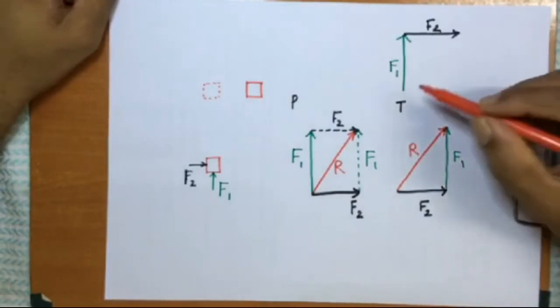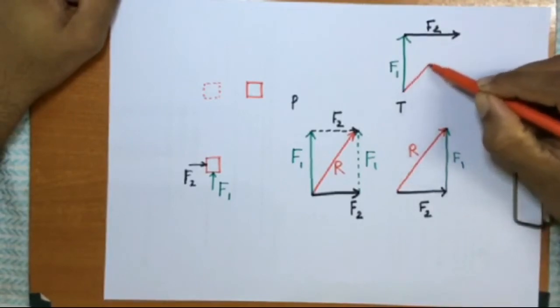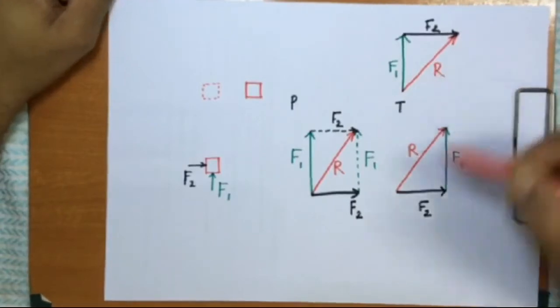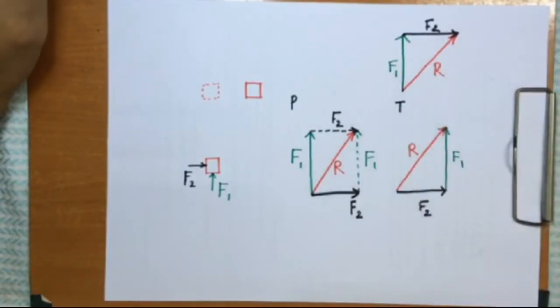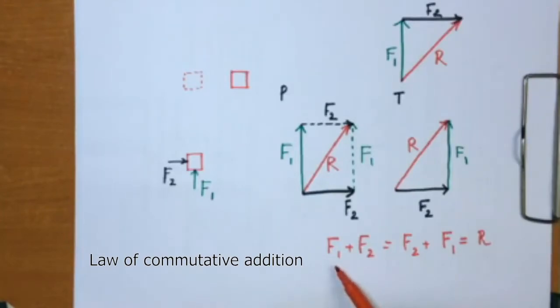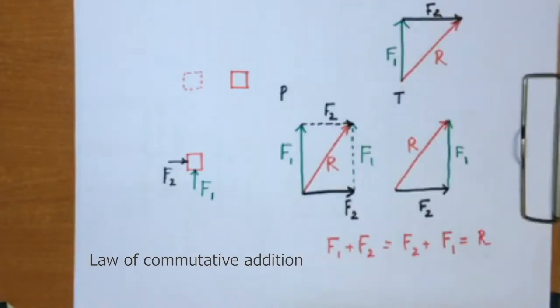The resultant would be from the tail to the tip, as mentioned here, and to my surprise I find that both these end up in the same resultant force. So the law of commutative addition is proved here, that is F1 plus F2 is equal to F2 plus F1 is equal to the resultant force R, which is clearly depicted here using these two triangle laws of vector addition.